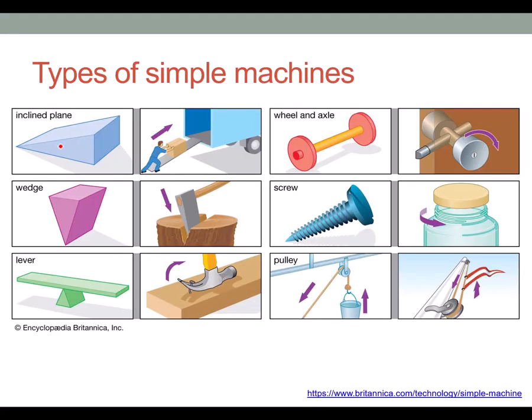Okay, so there are many types of simple machines, and depending on which list you look at, you'll get a slightly different version. This one seemed to cover most of them. So we have inclined planes and wedges, which are really variations on the same thing. We have levers, like a hammer. Wheel and axle is a good one.